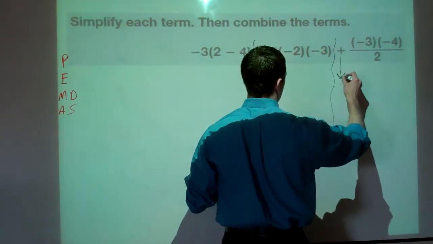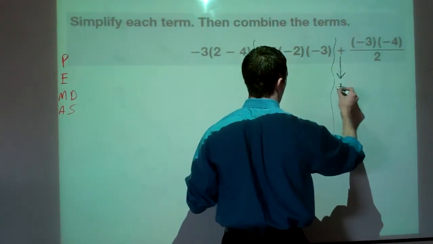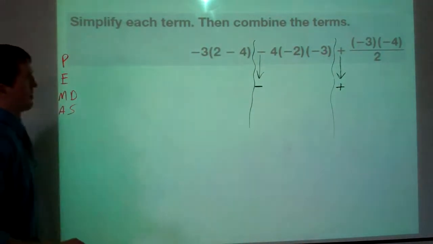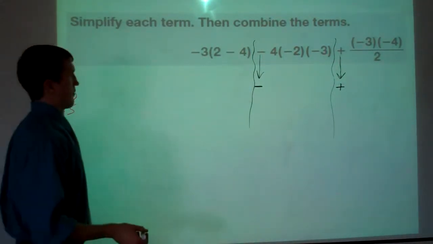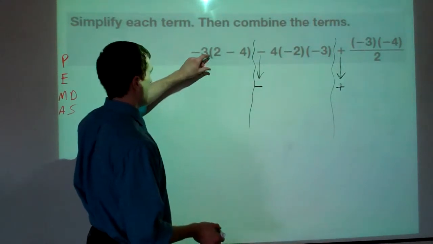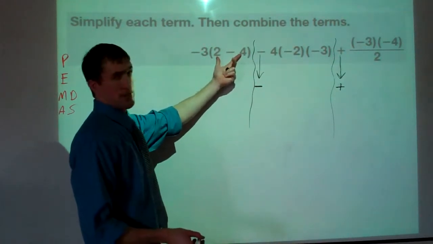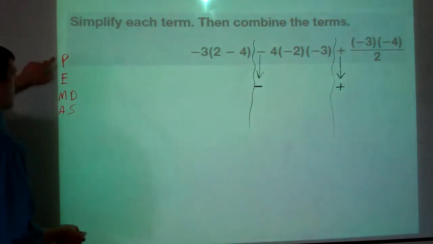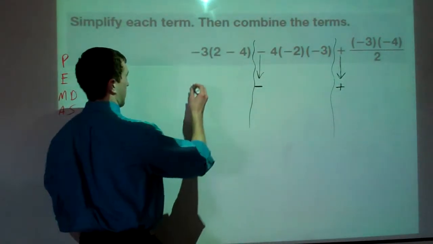So those come down, and let's look at what we have here. We've got -3 times 2 minus 4, so we got to do what's inside the parentheses first. 2 minus 4 is -2.